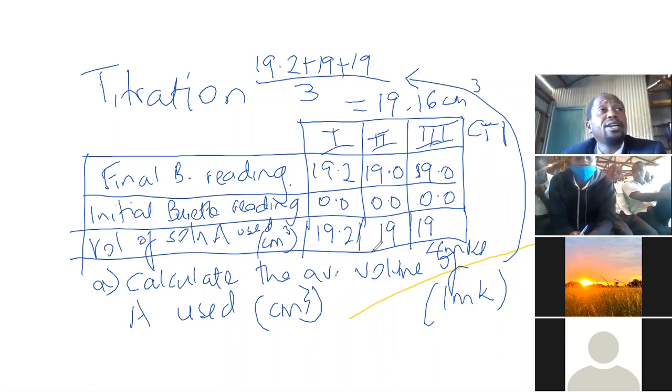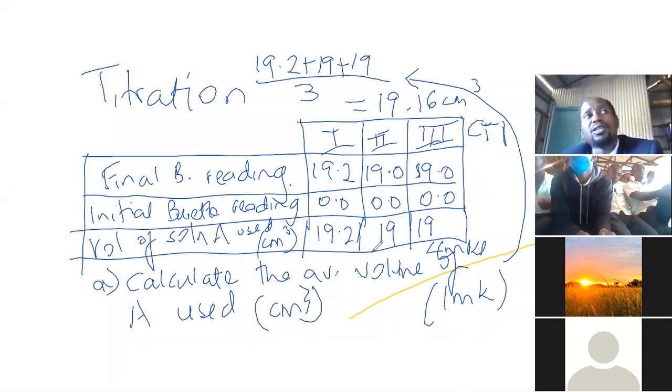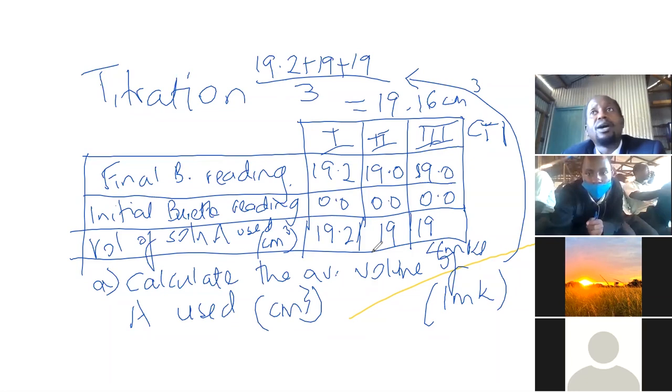So do not add any row or any column to a table that has already been provided to you. Don't say you want to do the 4th time and you record number 4 or number 5. Do not add additional rows or additional columns. So complete table, 1 mark.